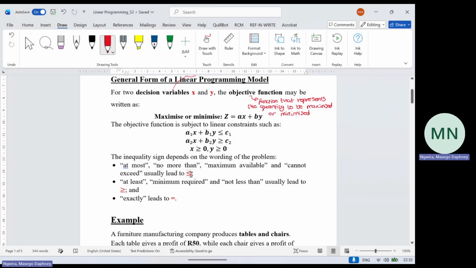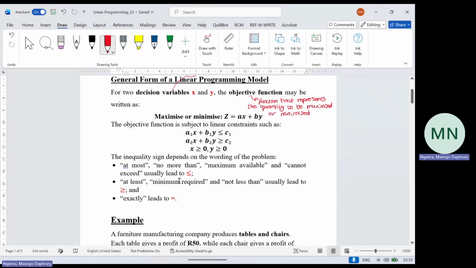Words like at most, no more than, maximum available, and cannot exceed usually lead to less than or equal to. At least, minimum required, and not less than usually lead to greater than or equal to. And exactly leads to the equal sign.